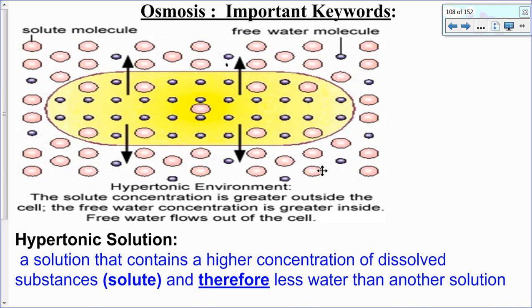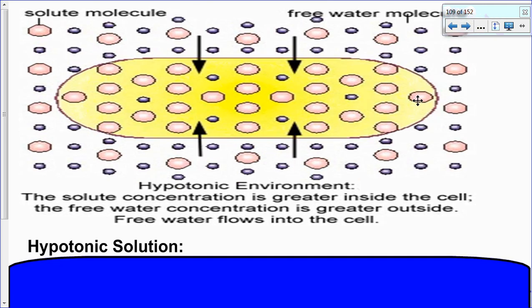There's very little of it outside the cell as compared to inside. So water will rush out of the cell as indicated by the arrows, and the cell will shrivel up. So that's one way that cells can be affected by an imbalance in water molecules between its inside cytoplasm and outside environment. Let's look at another situation and fill in your notes for hypertonic.